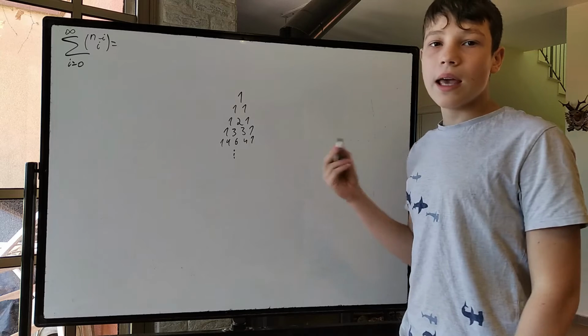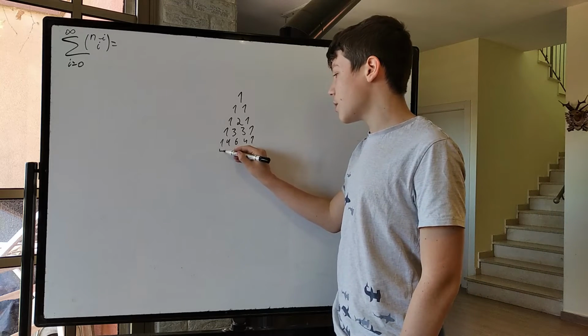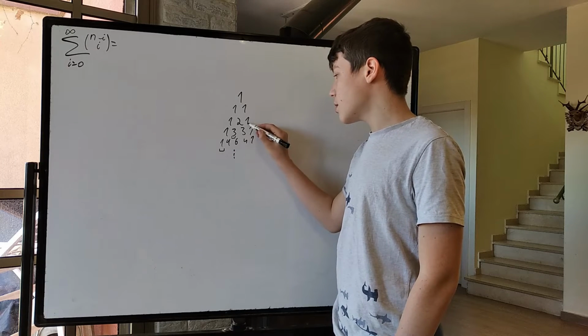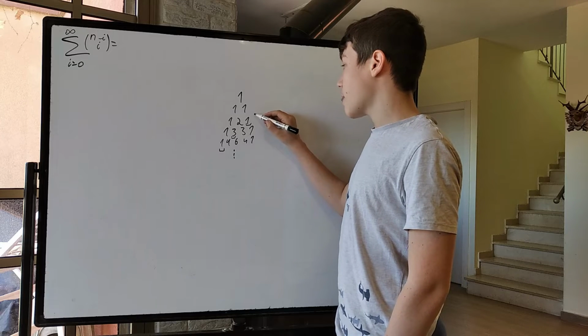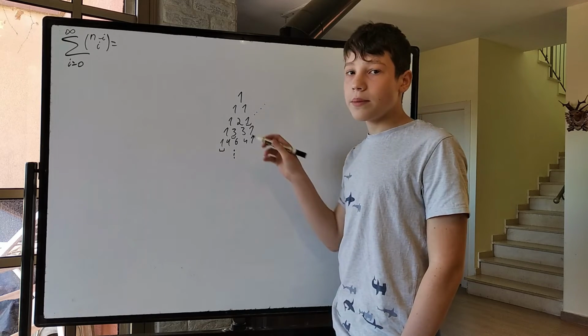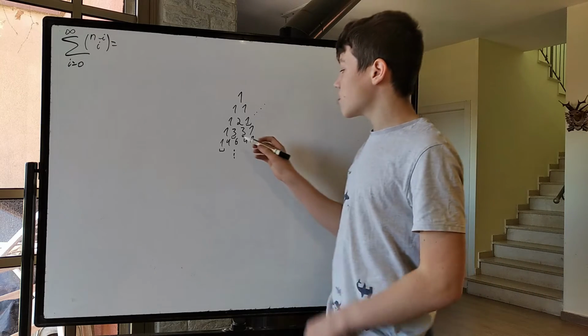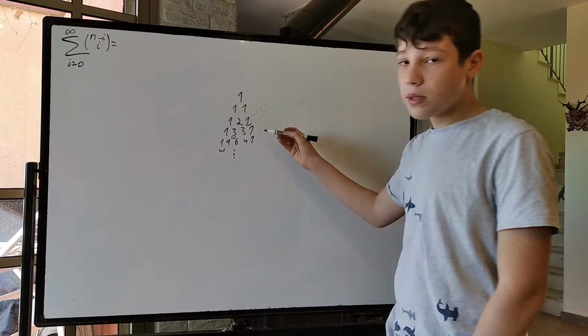So let's say n is equal to 4. We start at 4 choose 0, then move to 3 choose 1, then 2 choose 2, and the rest are zeros, because remember, the empty spaces are just zeros. We get 1, 3, 1, which sums to 5.